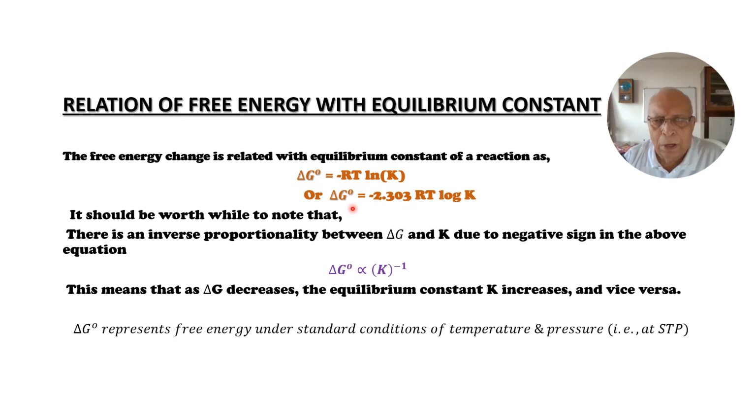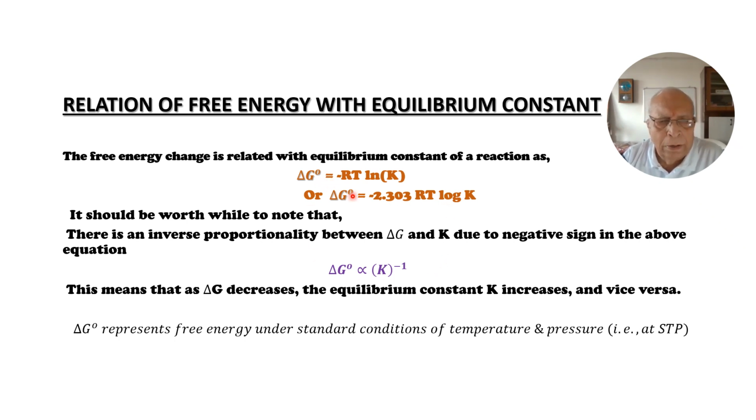So the expression becomes delta G naught, this is termed as naught. Naught means under the standard conditions of temperature and pressure, STP. That is, delta G naught is equal to minus 2.303 RT log K.